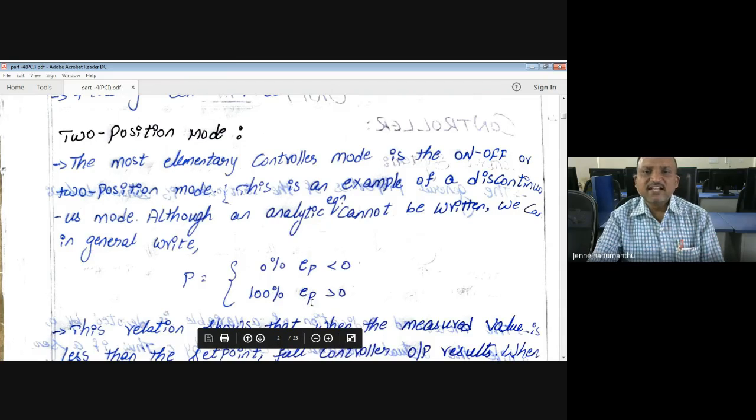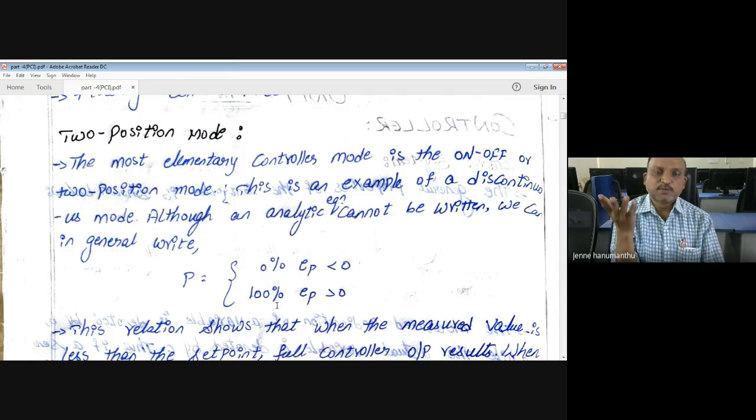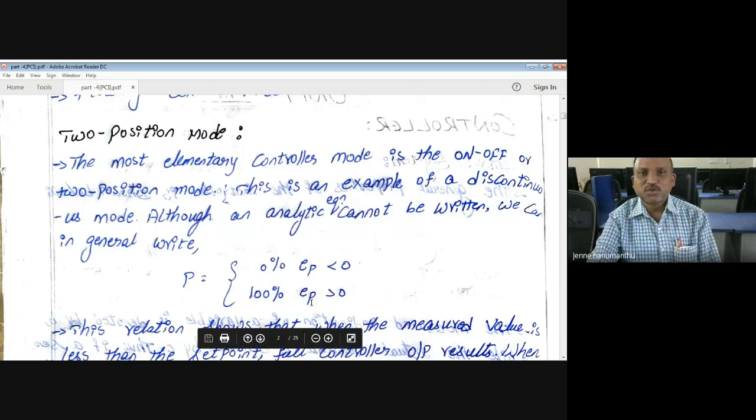And when the error is greater than 0, the control output is 100%. That is the meaning of two position, on, off. The most elementary controller mode is on, off, or two position mode. When error is greater than 0, it is on. When error is less than 0, it is off.